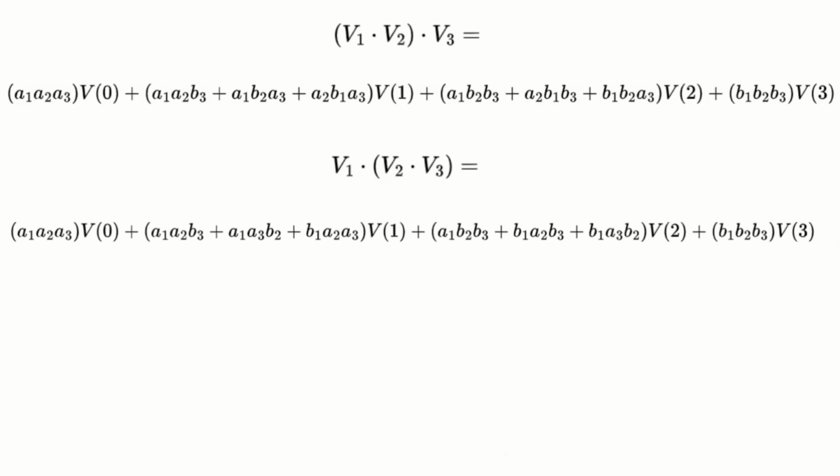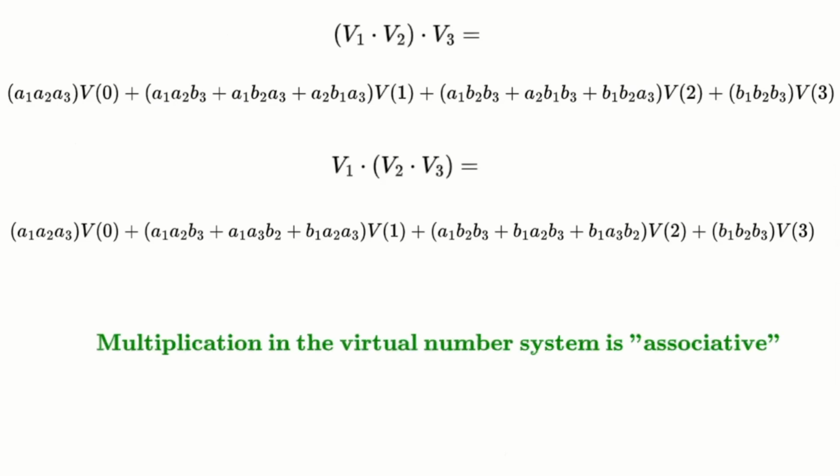Both expressions simplify to a1 times a2 times a3 times v of 0, plus (a1 times a2 times b3, plus a1 times b2 times a3, plus a2 times b1 times a3) times v of 1, plus (a1 times b2 times b3, plus a2 times b1 times b3, plus b1 times b2 times a3) times v of 2, plus b1 times b2 times b3 times v of 3. Since the two results match, we've proven that multiplication is associative in the virtual number system.